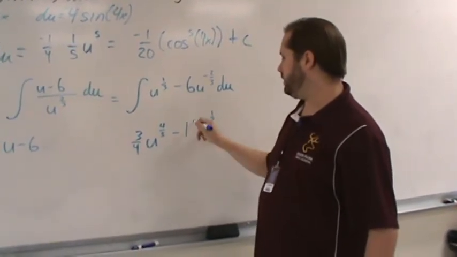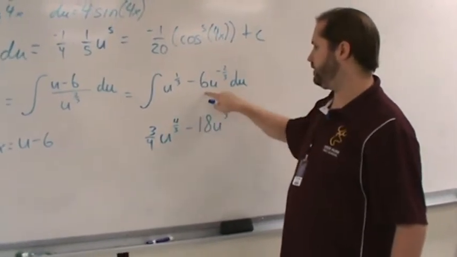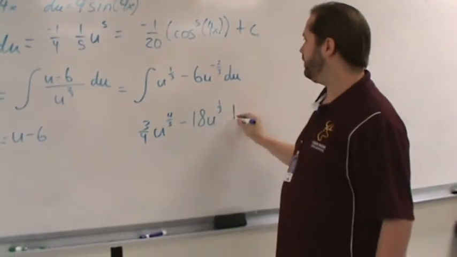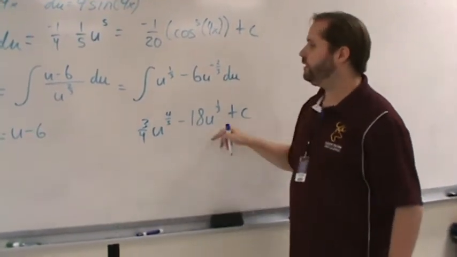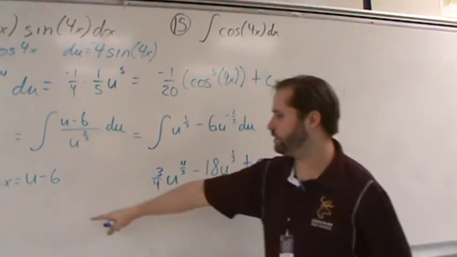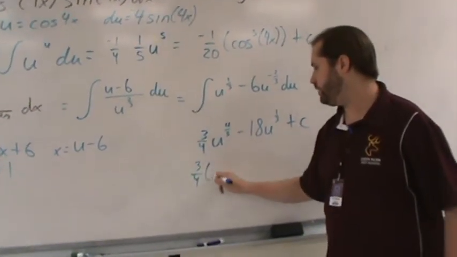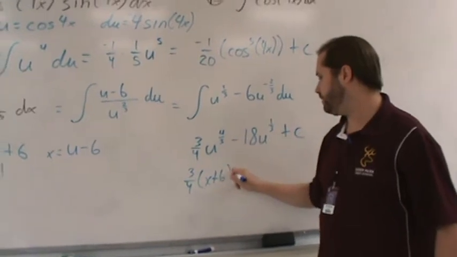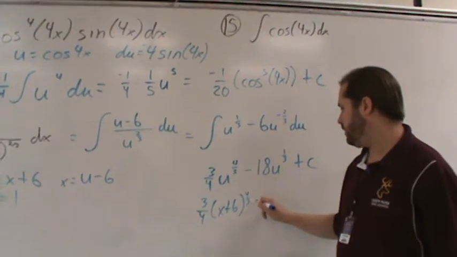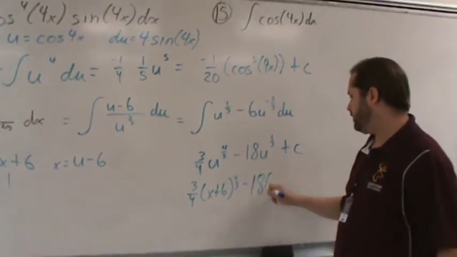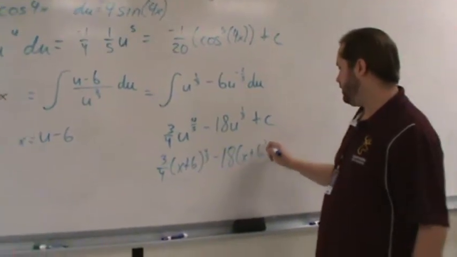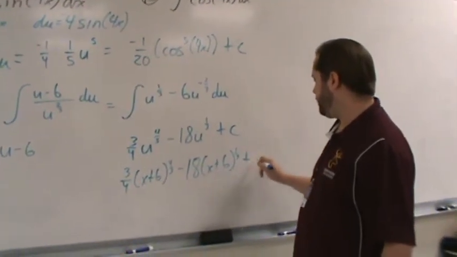With an 18 out here, 1/3 of 18 gives me the 6. Plus c, substitute in your u, which was x plus 6, and there's your final answer, 3/4 of x plus 6 to the 4/3 minus 18 times x plus 6 to the 1/3 plus c.